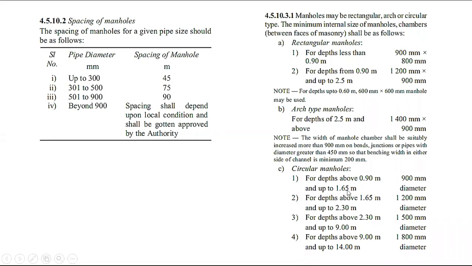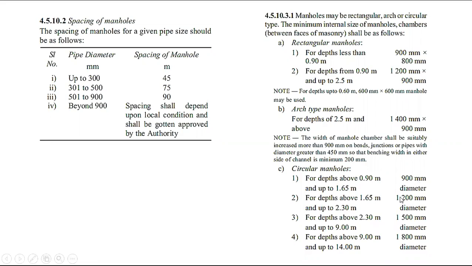Above 0.9 meter and up to 1.6 meter, you have to give 900 mm diameter. So almost 2D it is coming. 1.8 meter depth means nearly 2D it is coming. For the depth above 1.6 meter and up to 2.3 meter, you have to give 1200 mm diameter.